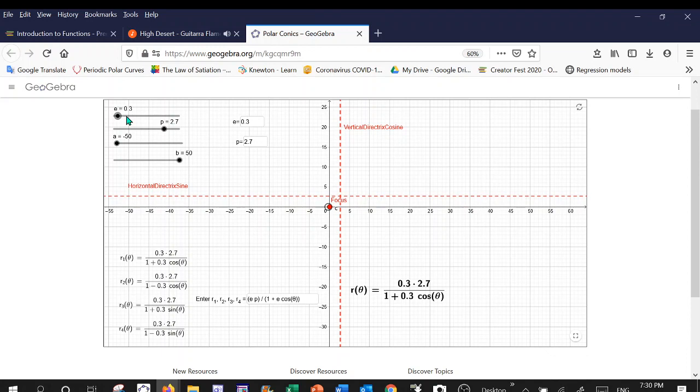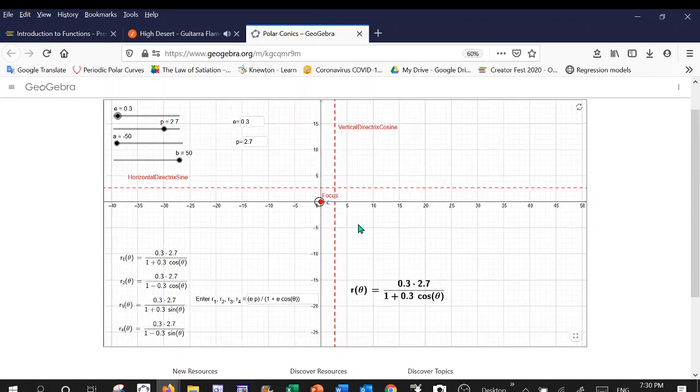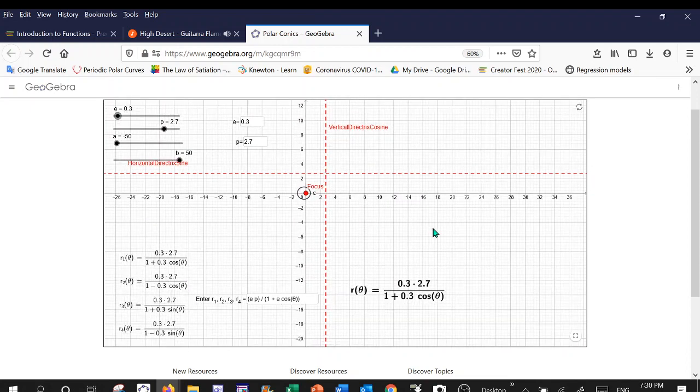So we get a really small little ellipse, and then we make it a little bit bigger. So that's an ellipse, right? Now, if I go to 1, it turns into a parabola, and if it's greater than 1, it would be a hyperbola. See that?